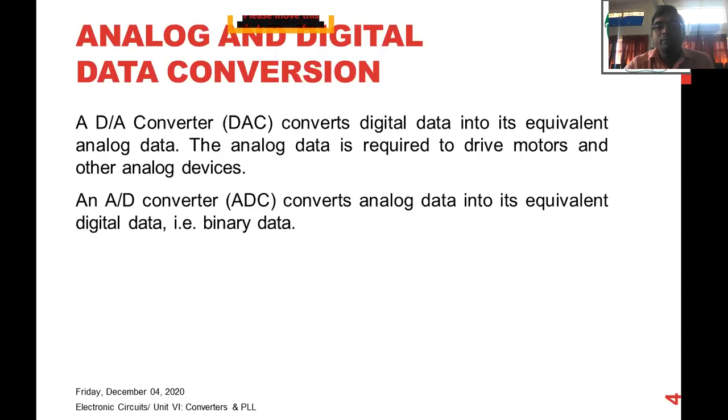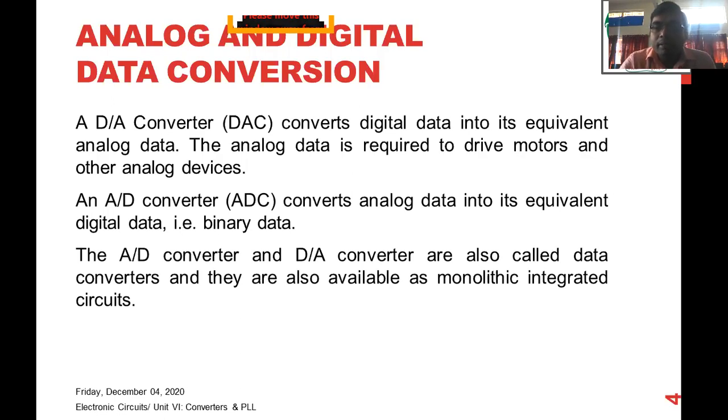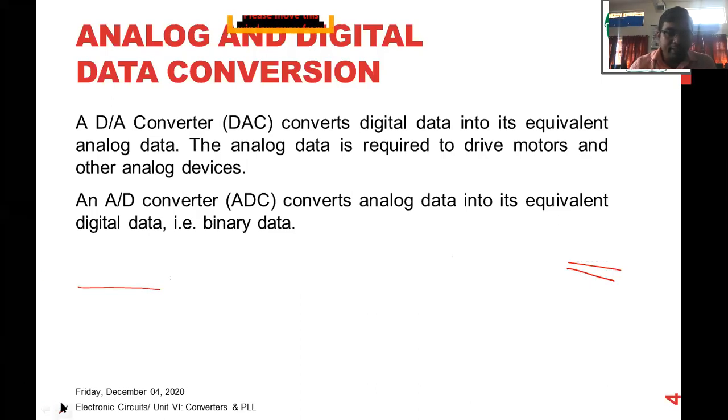An A to D converter, analog to digital converter, converts analog data into equivalent digital or binary data. A to D and D to A converters are also called data converters. So ADC and DAC are both considered data converters. They are also available in monolithic integrated circuits.